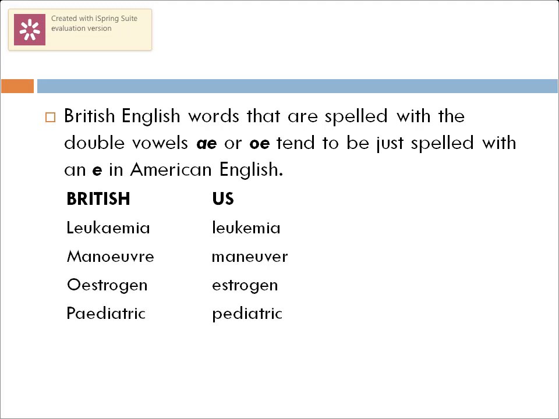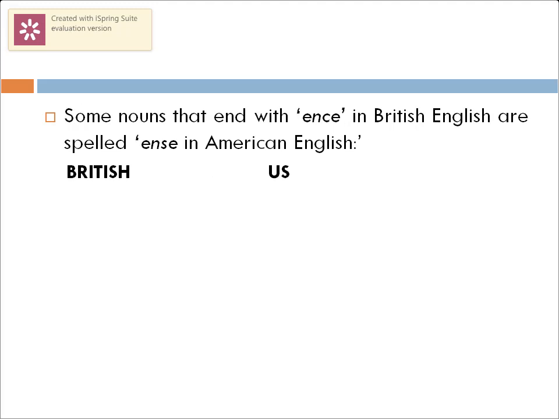So leukemia is spelled LEUKAEMIA in British spelling, but only E is retained in the US spelling, that is LEUKEMIA. So leukemia, maneuver, estrogen, pediatric, in all these cases, AE or OE are retained in British, whereas only E is used in the US spelling.